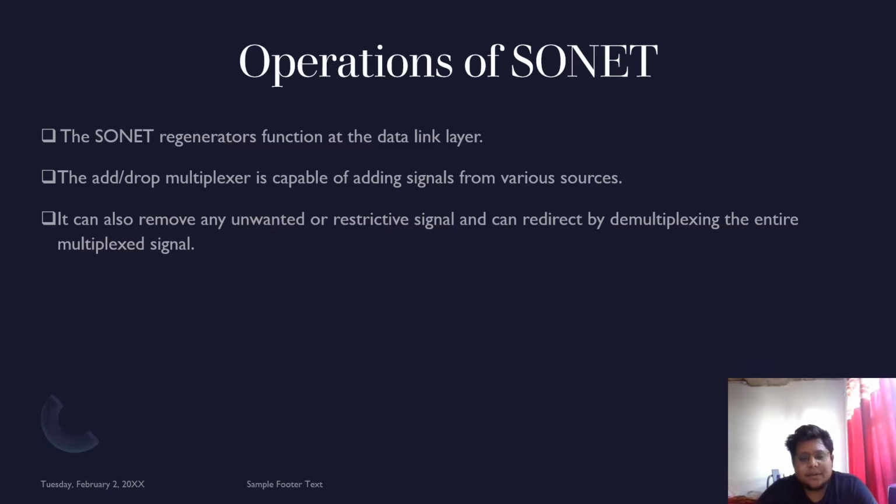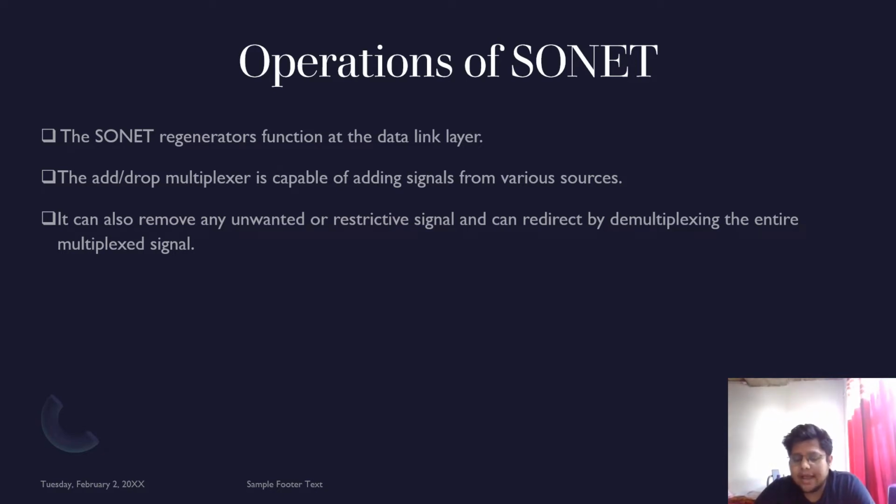The add drop multiplexer has one main use. The main use of an add drop mux is to introduce additional signals from various sources. This may mean that you have some kind of interference data that may be required in output decisions, so we need to introduce it between this network section. It can also remove unwanted or restrictive signals that are not required in your section.